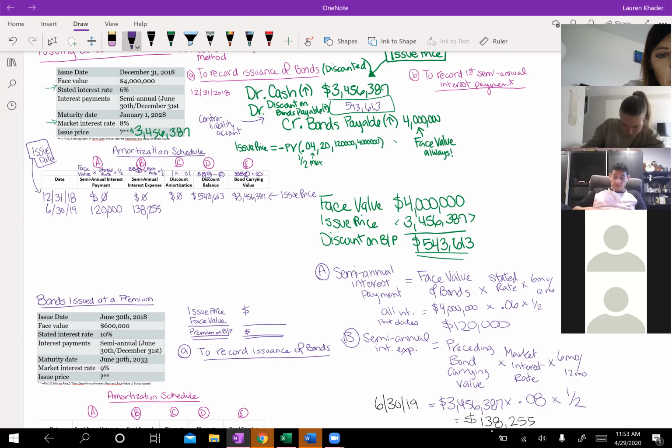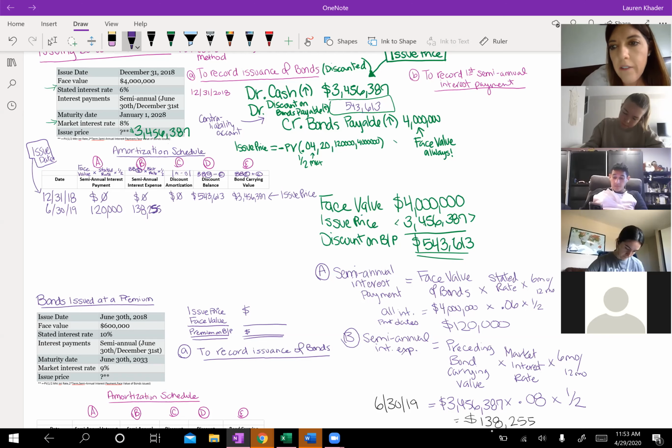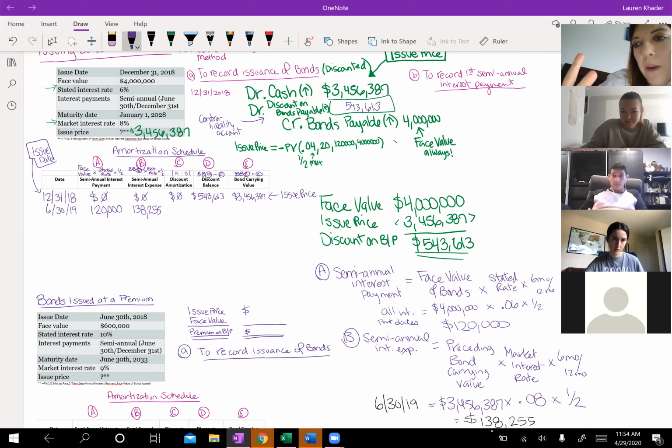Part of that is the interest paid. The other part is the fact that we received less than we're actually going to have to pay back. So the next column is our discount amortization, and it's the difference. It's the absolute value of the difference between the interest paid and the interest expensed.